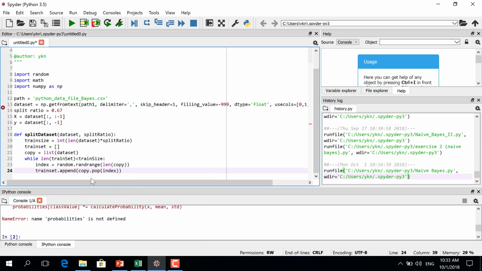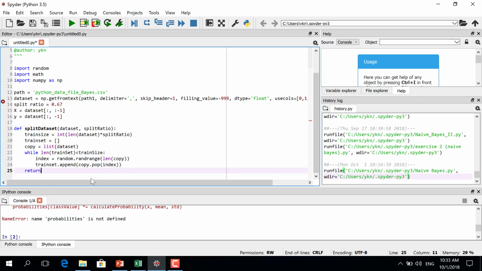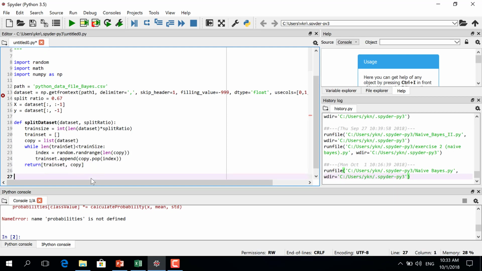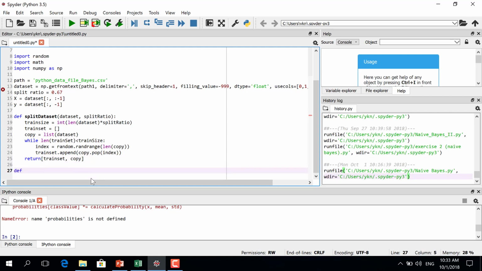We have to populate the data within the new organized data, and we can take the values by returning the values into train set, but we took the new values into copy, right? So now we have to define the second function.